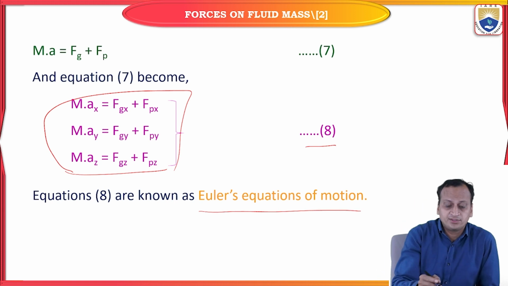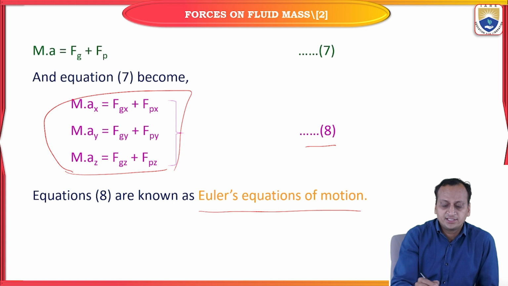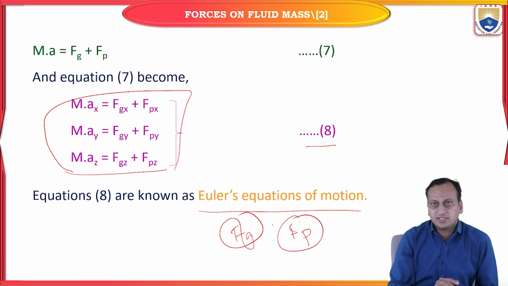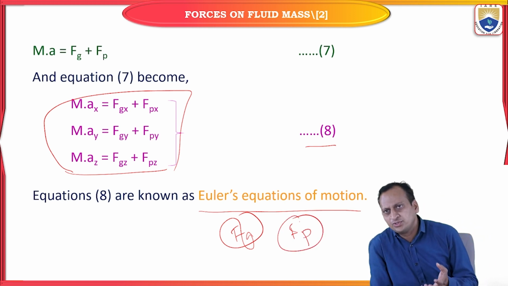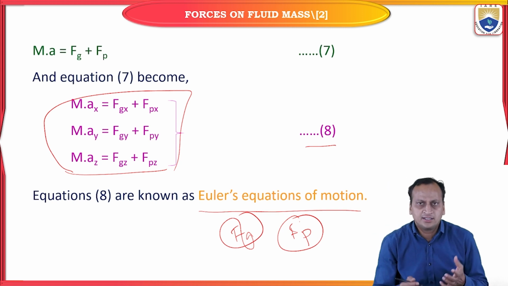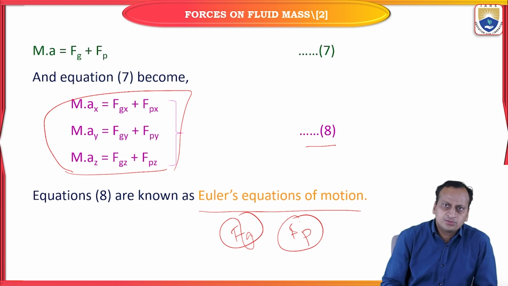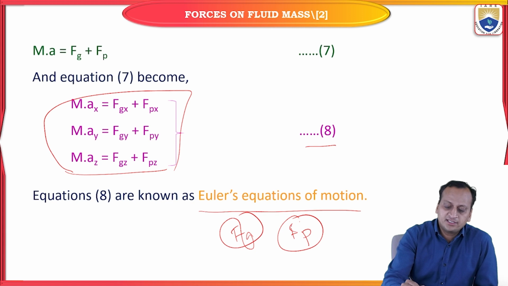In Euler's equation of motion, only two forces are considered. One is the force due to gravity, the gravitational force, and another one is the force due to pressure. So always there is friction while the fluid is flowing between 2 points, therefore we can't avoid the gravitational force and also the pressure force.